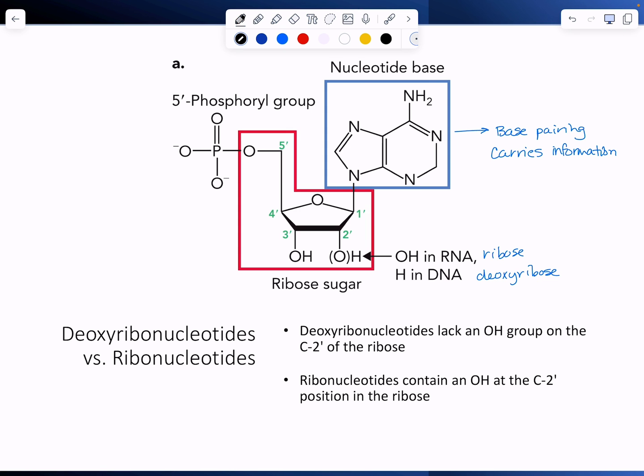And then the phosphoryl group, which we won't neglect, okay, is involved in the linkage between nucleotide monomers to make the polymer. Okay, so it's required to link monomers.